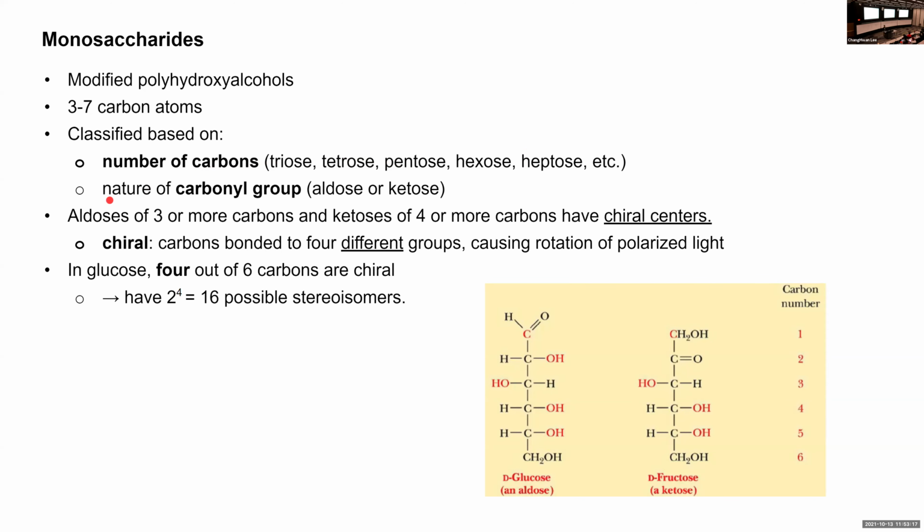And they can also be classified by the nature of the carbonyl group. The carbonyl group is right here within the aldehyde functional group, which is a CHO, and whether you have the aldehyde or the ketone group here, which is a CO. Again, we talked about this a long time ago, in the beginning of this semester. So hopefully, if you don't recognize this too well, then go back and have a refresher with that.